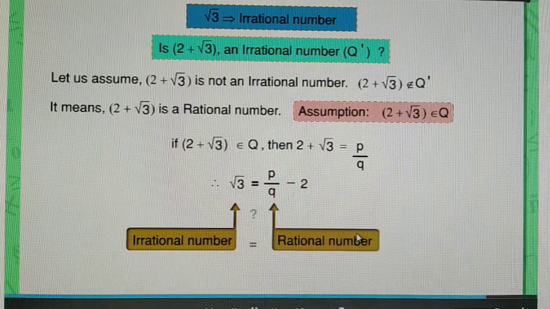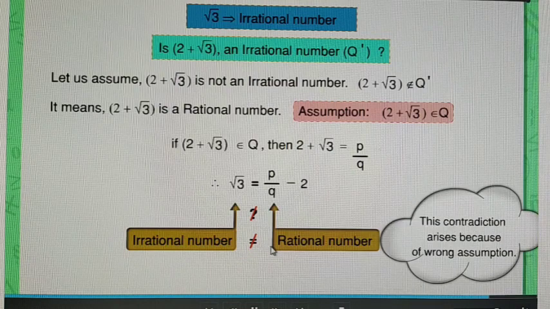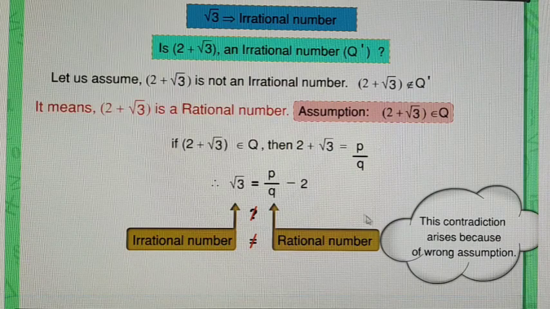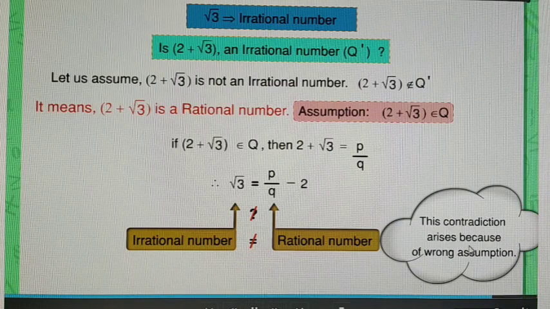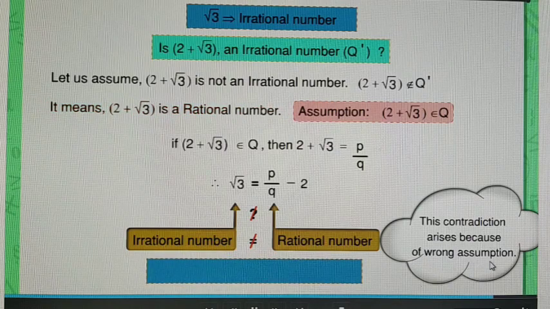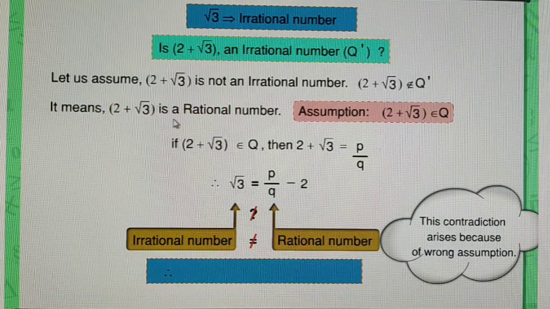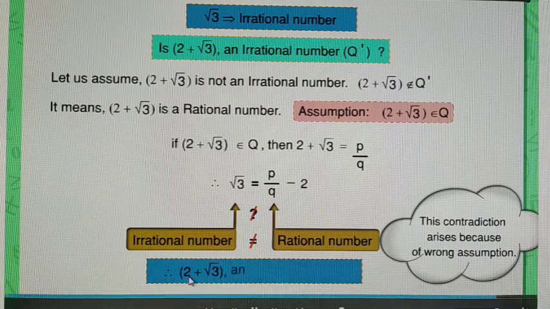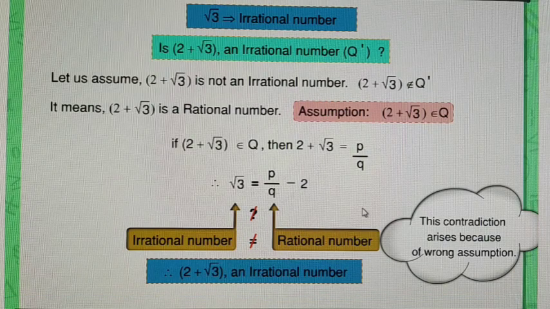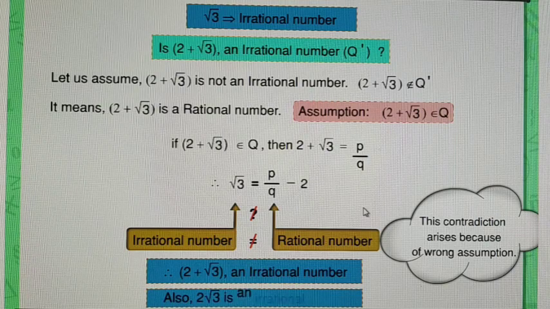According to our assumption they are equal, but they are not equal. That means our assumption is wrong. This contradiction arises because of our wrong assumption that 2 plus root 3 is a rational number. Hence, we conclude that 2 plus root 3 is an irrational number. Also, 2 root 3 is an irrational number.